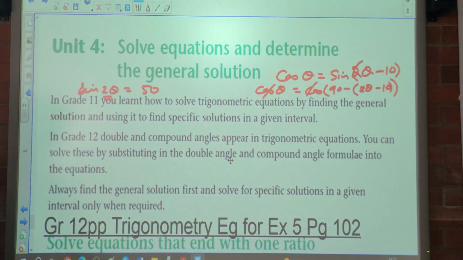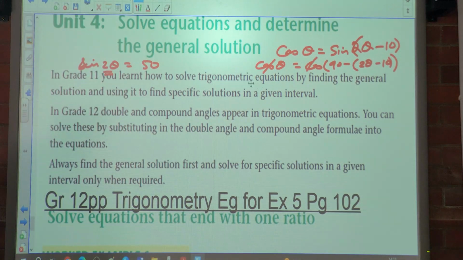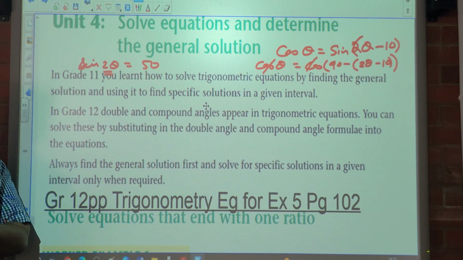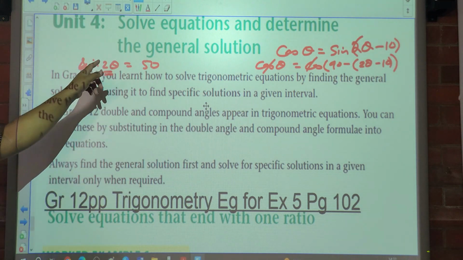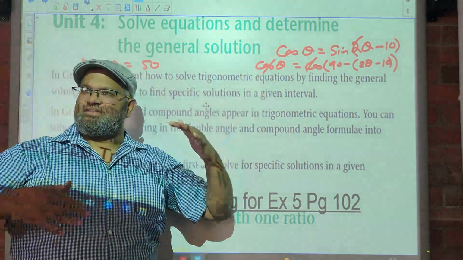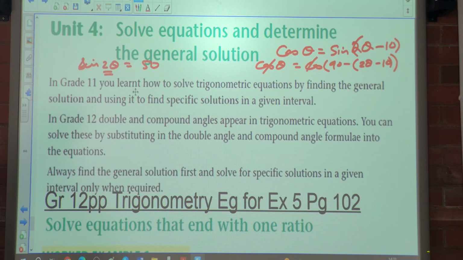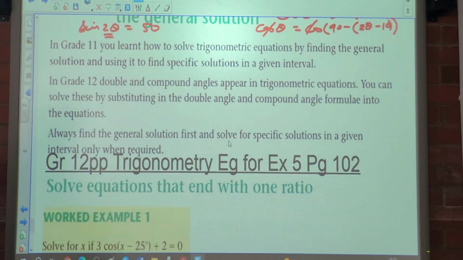Now they will give you something where you need an expansion of the general solution to reduce, so that we can land up with this, and simplify from there, and we are familiar with that. So here we are told that in grade 11 we learned how to solve trigonometric equations by finding the general solution and using it to find specific solutions in a given interval.